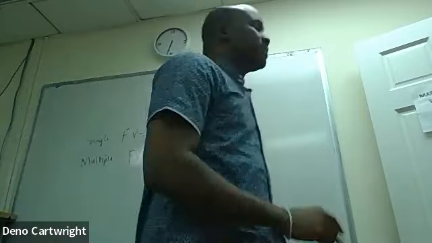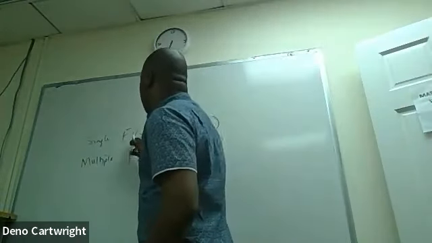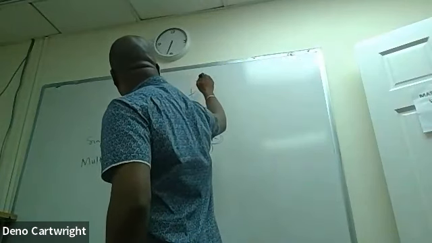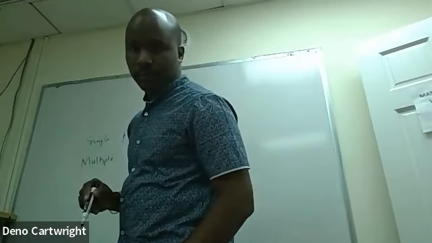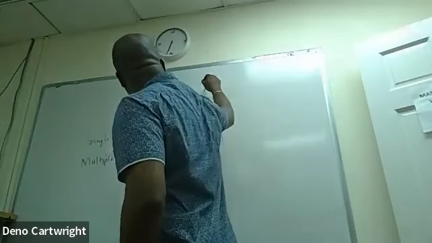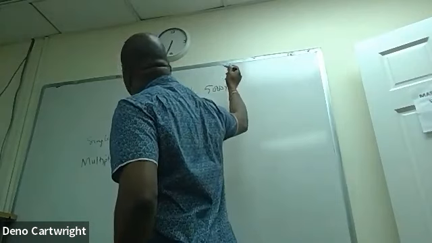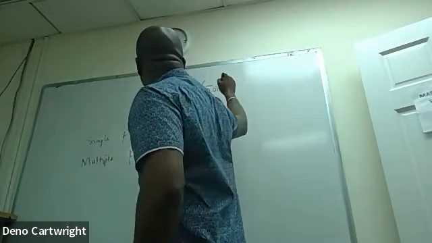So what happens here is with your single, you determine your future value by saying, what's my present value plus what? The interest rate. So if the interest rate is 5%, what would you say?